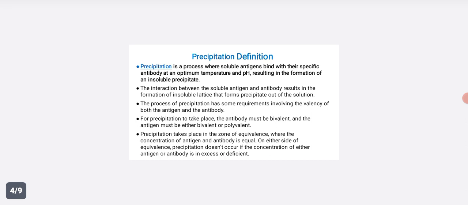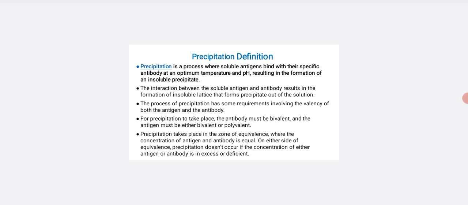So next is precipitation. The definition: precipitation is a process where soluble antigen binds with its specific antibody at an optimum temperature and pH, resulting in the formation of an insoluble precipitate.